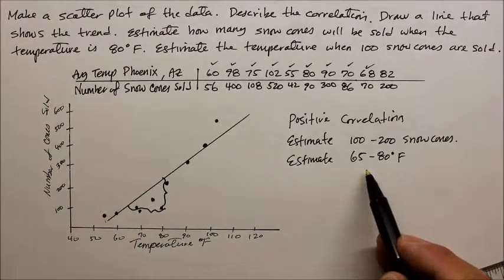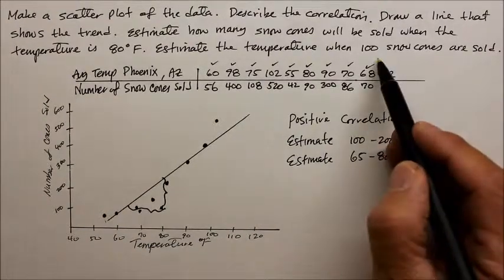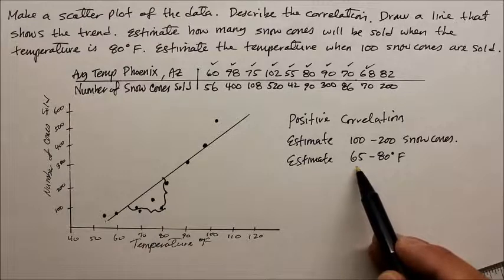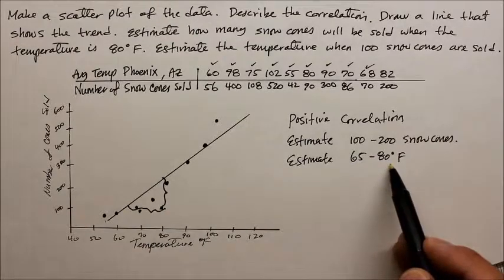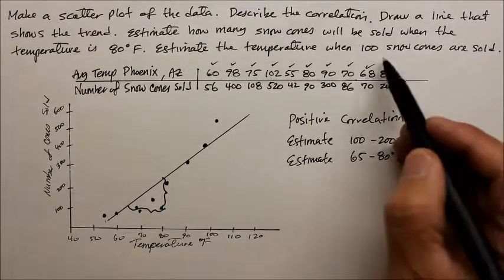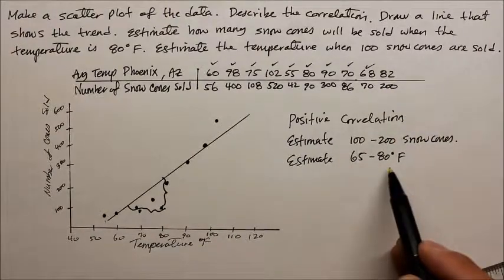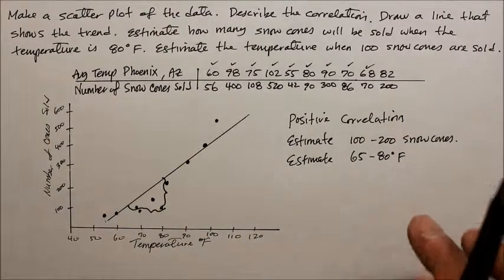To sell about 100 snow cones, we're hoping the temperature will be somewhere between 65 and 80 degrees Fahrenheit. If you want to sell more, then you better wait until it gets hotter outside. There it is.